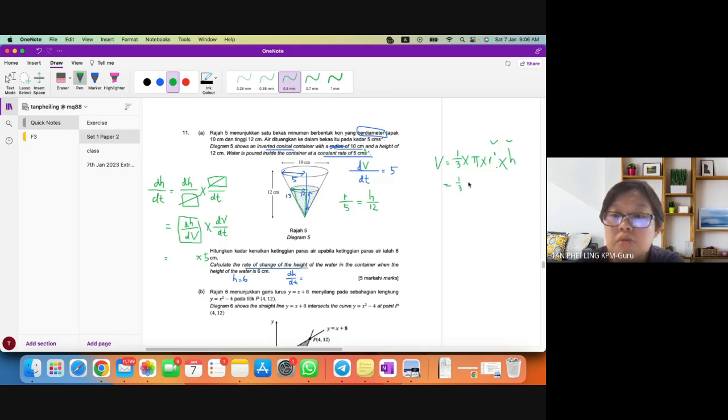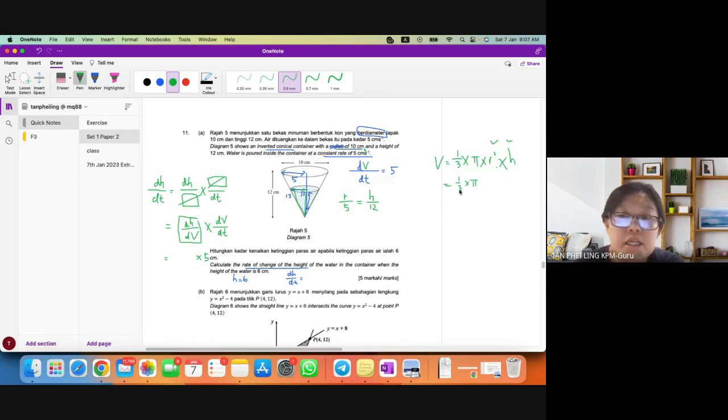Now either we want to make the r disappear, or we want to make the h disappear. Back to how to make them disappear, we have to borrow the idea of the similar triangle. What you want is actually h to be kept, because later you want to differentiate the volume with respect to h.